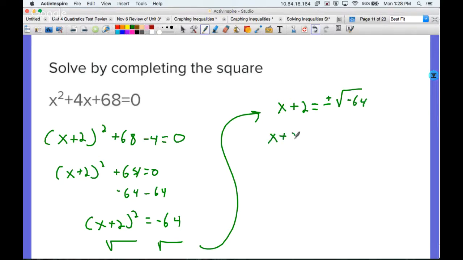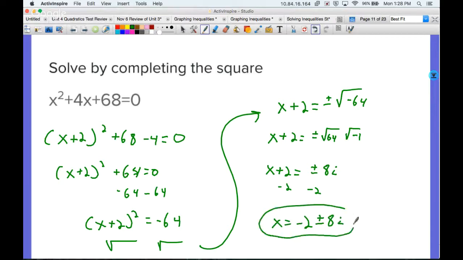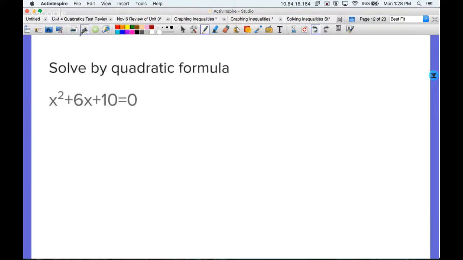Let's simplify that. x plus 2 equals plus or minus the square root of 64 times the square root of -1. x plus 2 equals plus or minus 8i, and then we'll move that 2 over. x equals -2 plus or minus 8i. So this is how our answers can be complex.